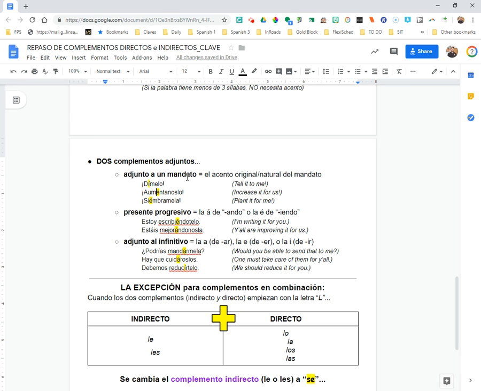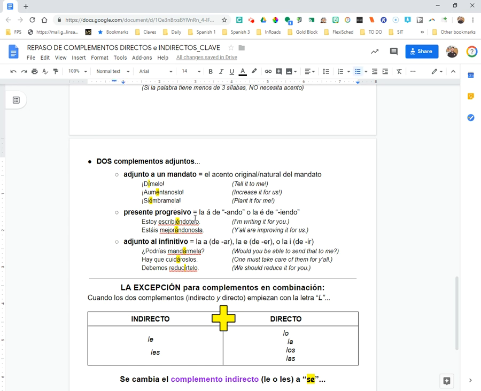Aumentan. Aumentanoslo. Same thing with this. Siembra me la. It's going to be 4 back. La, me, bra, and siem. You just want siembra to sound the same as it always would. Siembra. Siémbramela. So they're going to be 4 back.